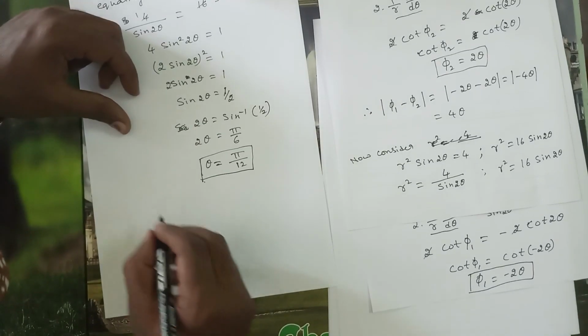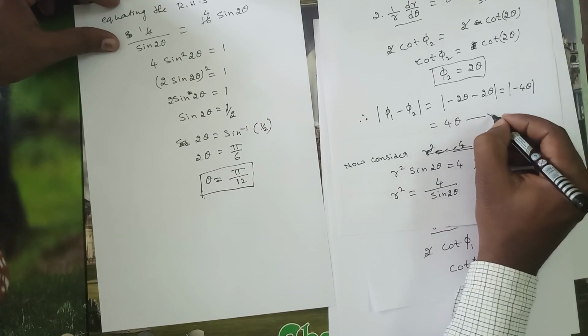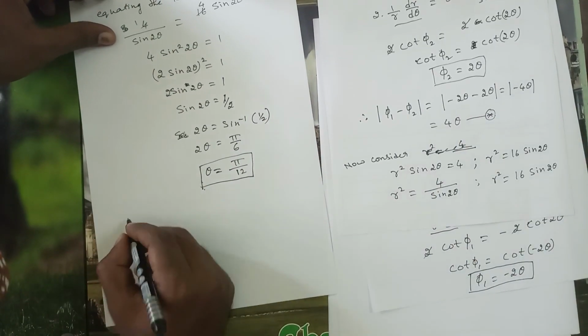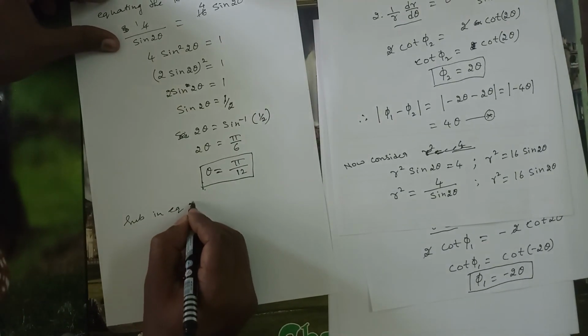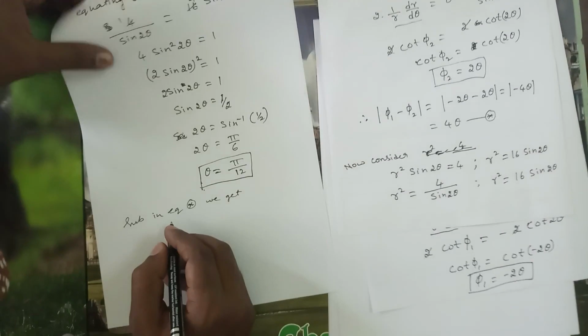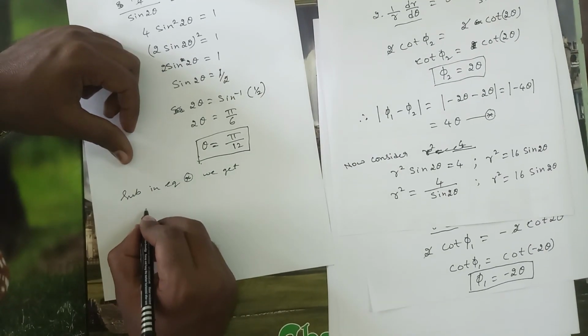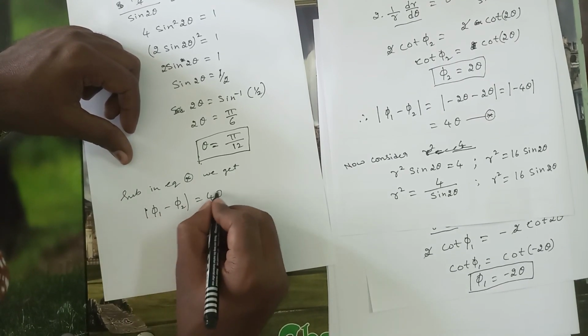Therefore substituting this in equation star, we get phi 1 minus phi 2 equals 4 theta.